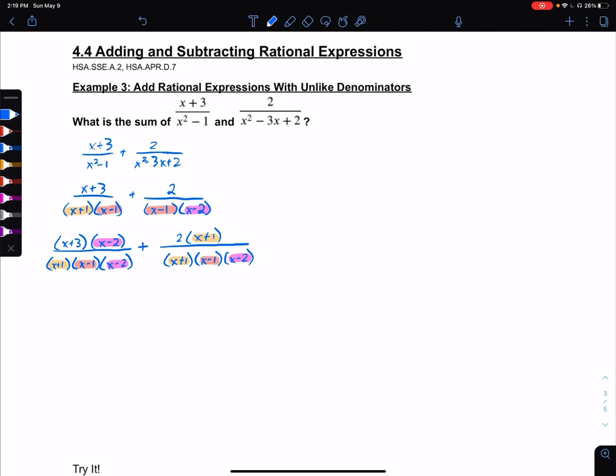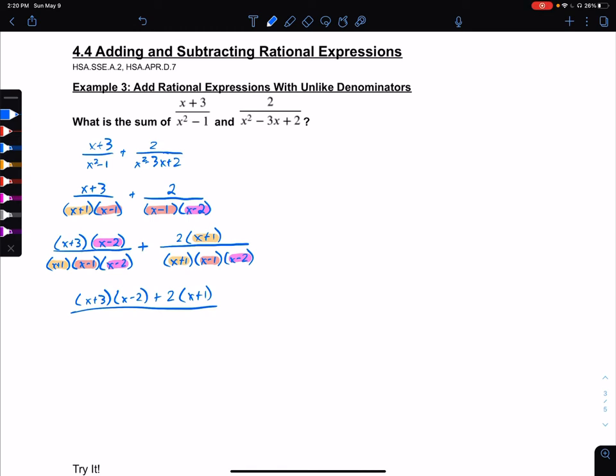Our next step, now that we have that common denominator, is to add up our numerators. Be very careful here. By adding them up, all I'm going to do is write everything together, and I'm going to write this as plus 2 times x plus 1. Since it's addition, I don't have to be crazy careful about my numerators.